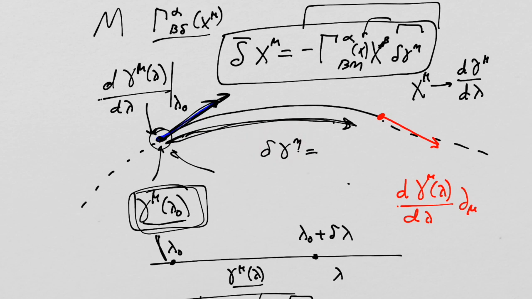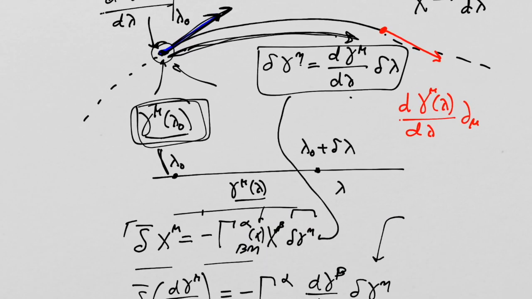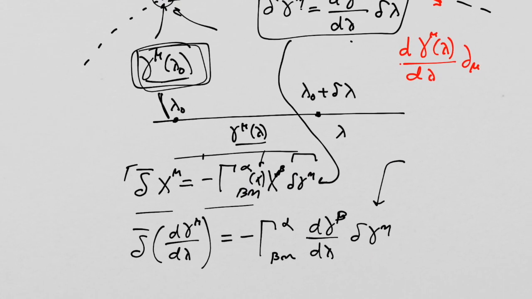Well, this is going to be the tangent vector, d gamma mu d lambda, and then I trade this for a small increment of the parameter, right? And that approximation I can put right here into this formula, and I do that by erasing this, and I write d gamma nu d lambda delta lambda.